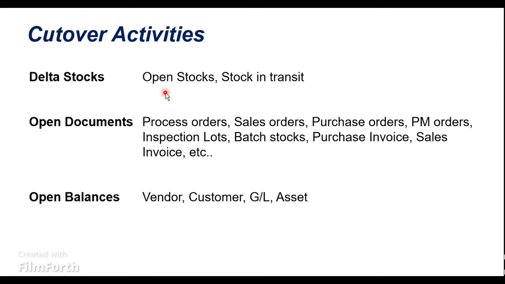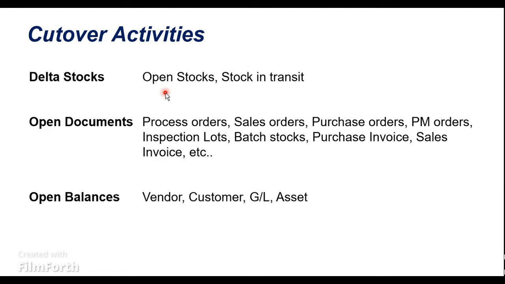So let's say the transports have been imported to production on the 1st of December, and the go live has been planned for February 1st or maybe March 1st. In these 2 months or 1 month of time frame, they are going to save all the transactions outside of SAP, right? It could be on books or any other ERP system that they are currently using.